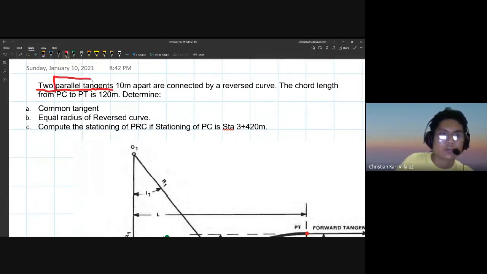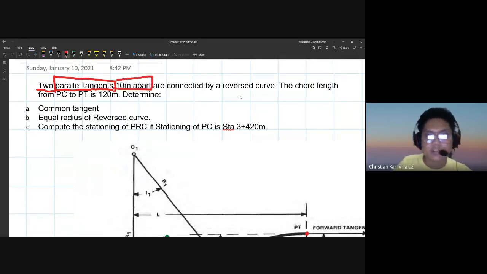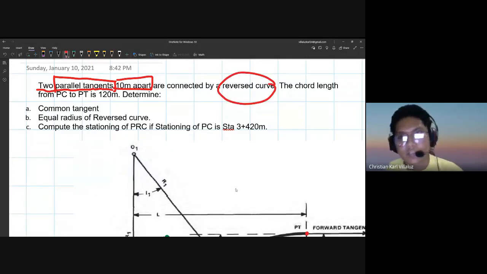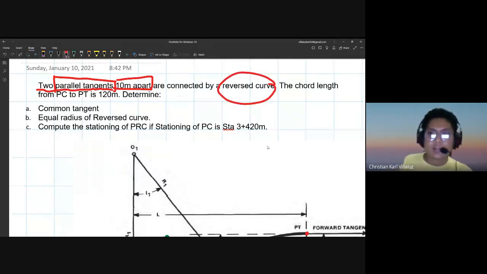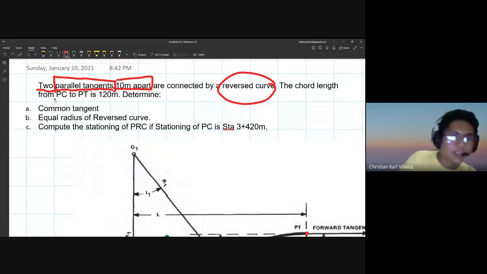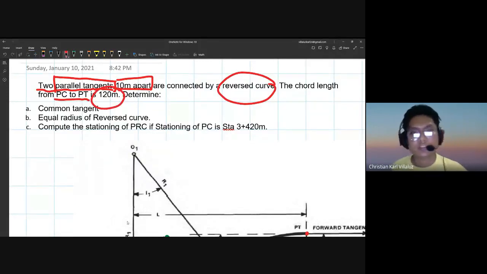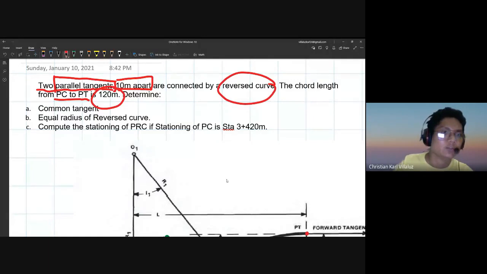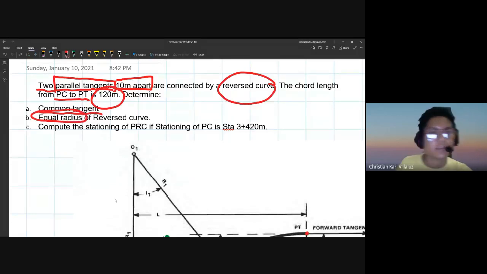So, ito yung clue. Two parallel tangents, which is 10 meters apart, are connected by a reversed curve. The chord length from PC to PT is 120 meters. So, ang chord length, PC to PT, 120 meters. Determine the common tangent, the equal radius of the reverse curve.